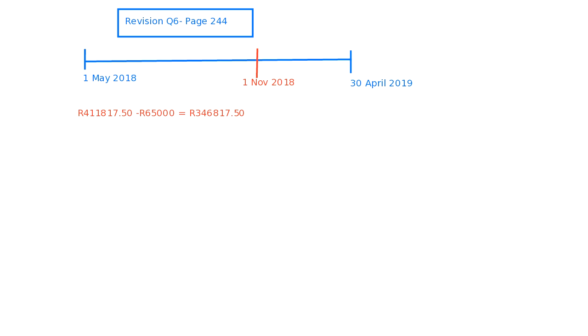So who wants to try? Let's start with the old one first. Obviously, the cost of the old one is 346,817.5. And then how will I depreciate? Must I just multiply or must I times minus something first?